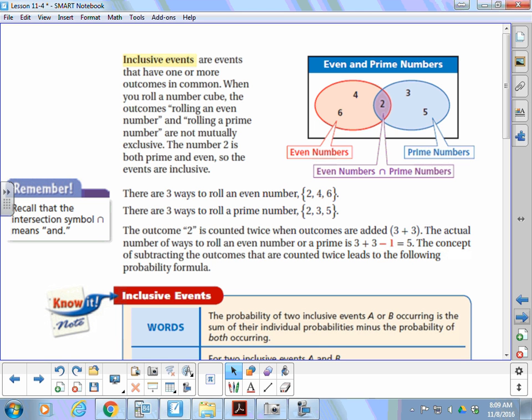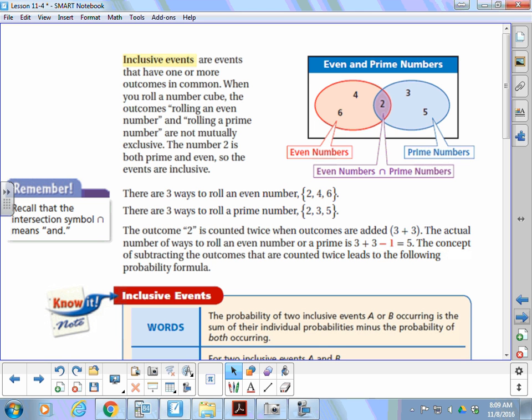So the upside down U means and for intersection. All right? So the U is for union, or the word or, and the upside down one stands for intersection, or we think of it as the word and. So when we have inclusive events, then here we have 3 even numbers plus 3 prime numbers.